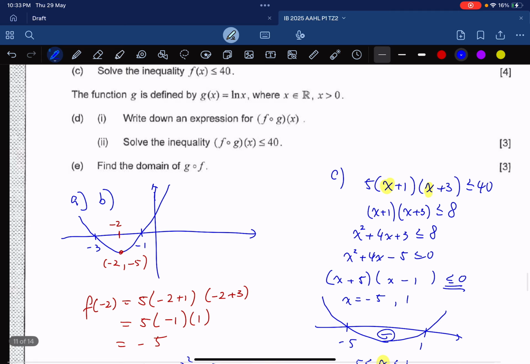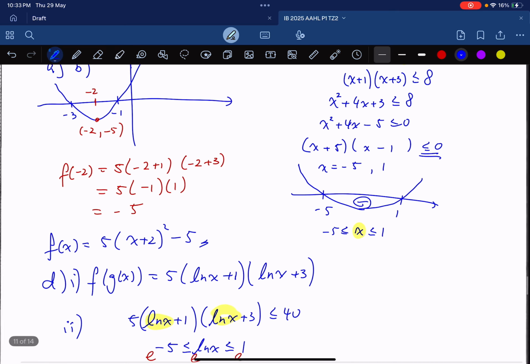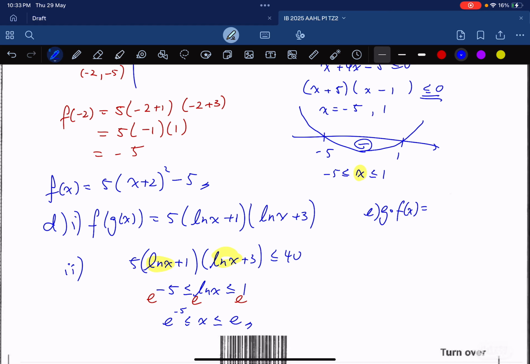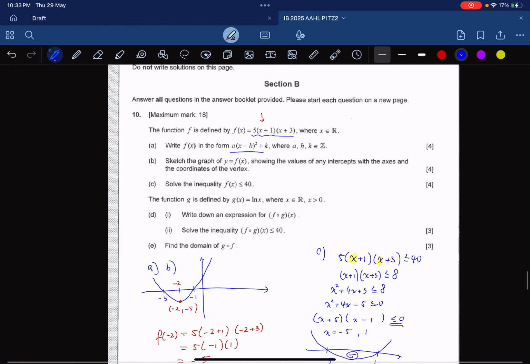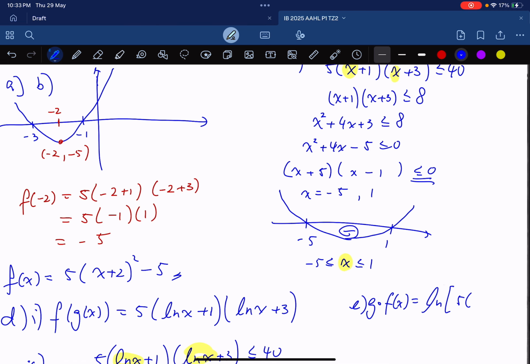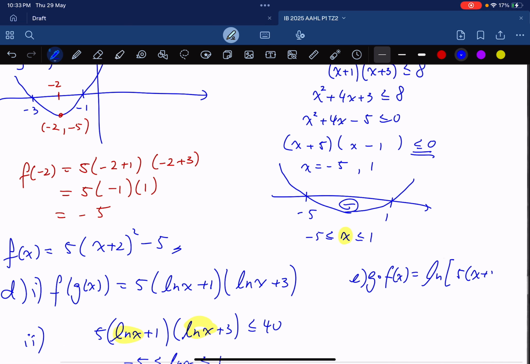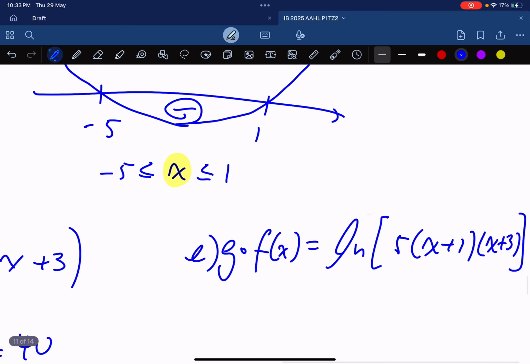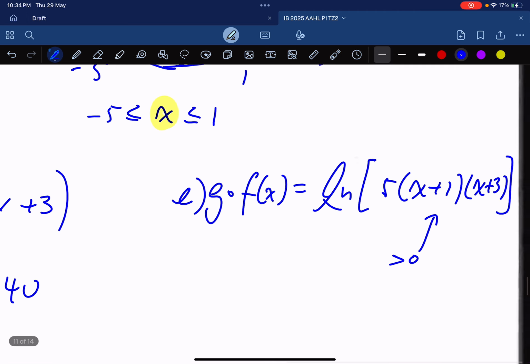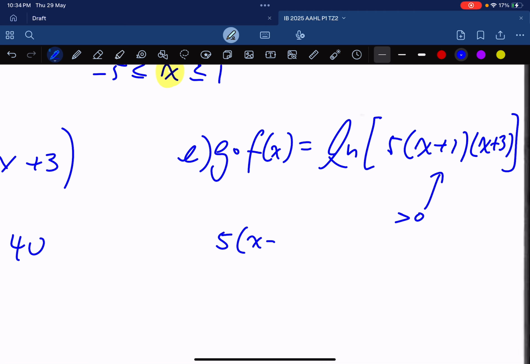Part E, write down a domain of g(f). So g(f(x)) would be basically ln of 5(x + 1)(x + 3). One thing to remind you is that for the domain of an ln graph, remember this, the thing inside must be greater than 0. So we're solving for this.